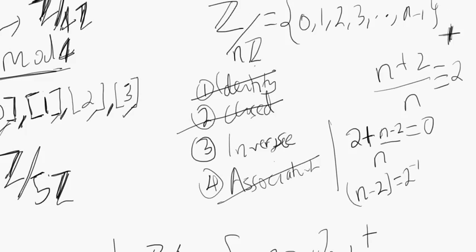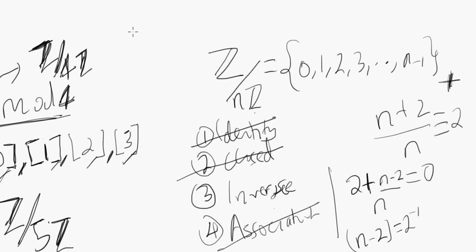And so in general, if you pick any alpha that belongs to Z mod nZ, what's alpha inverse going to be under addition? Well, alpha inverse under addition, as you're guessing, is going to be n minus alpha. Why?